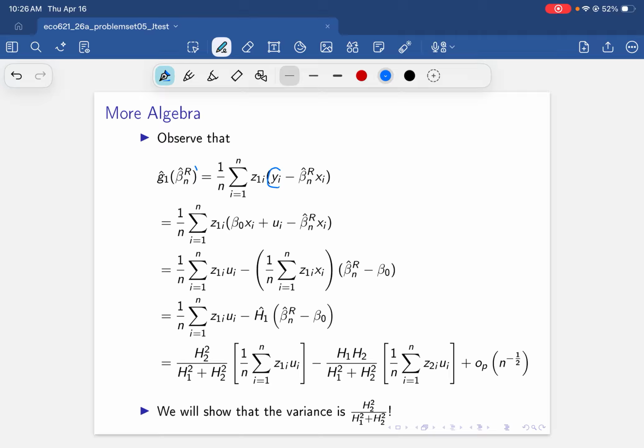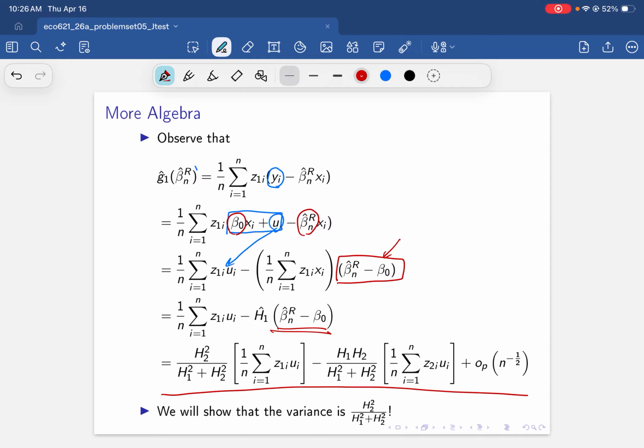What I'm going to do here is write y in this way. So u will just be separated, but beta 0 and beta hat will be bundled, because we are going to use the influence function. Use the influence function here, then plug the influence function in and rearrange.